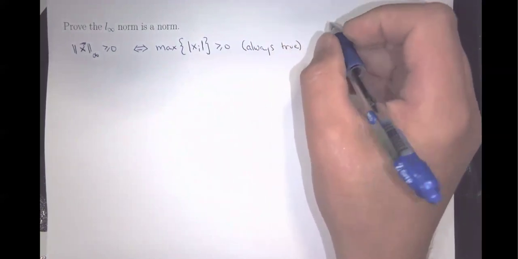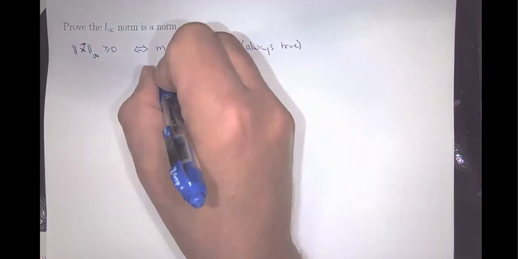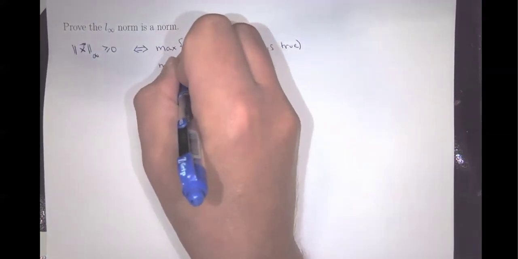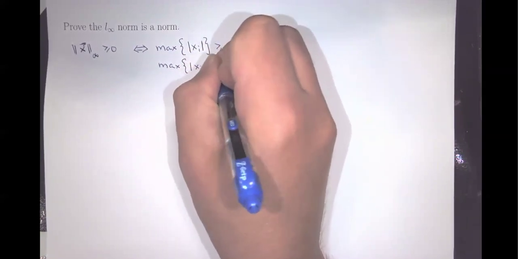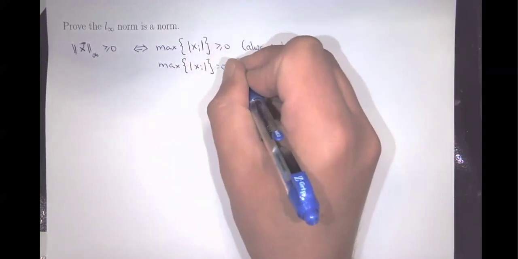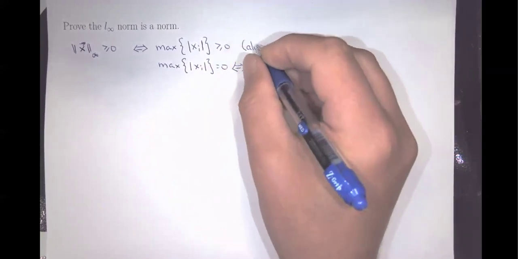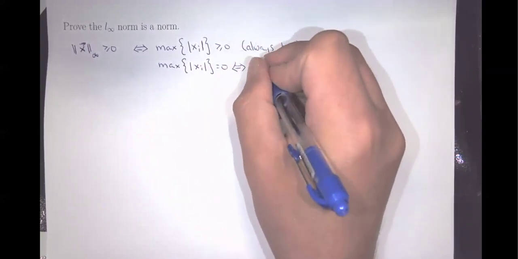And then, of course, the max of the absolute value of the xi's equals 0 only when all xi's are equal to 0.